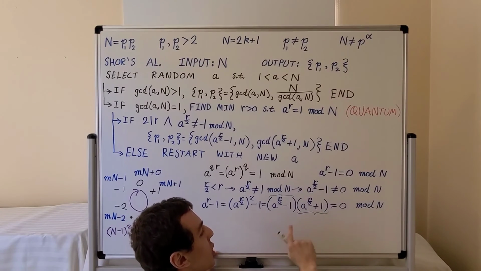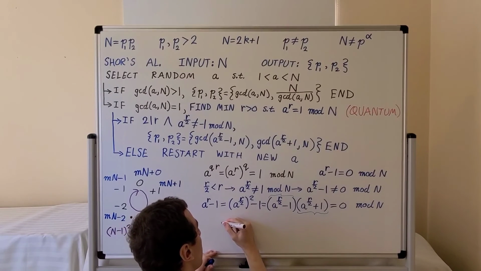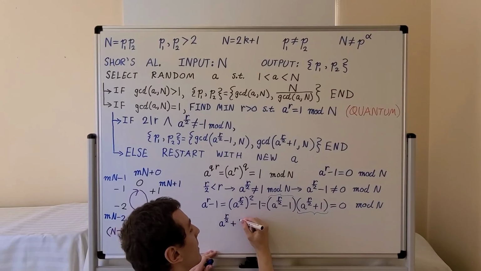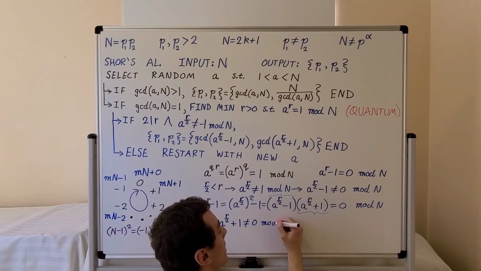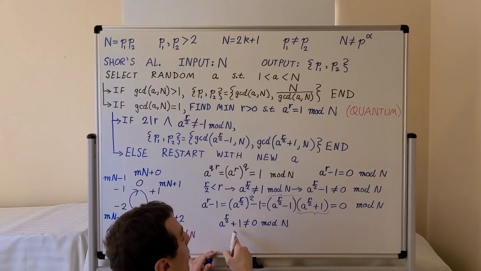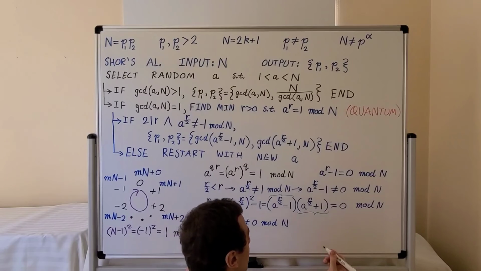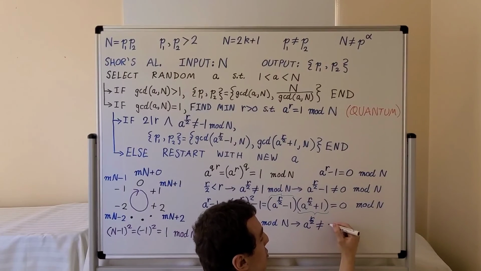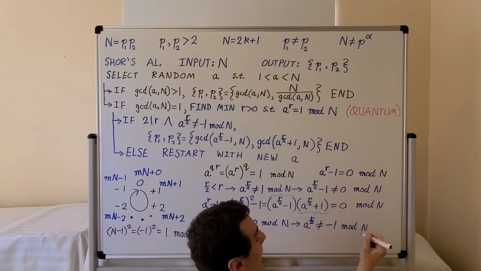We want it to be non-zero for the algorithm to successfully work. So we need a to the r/2 plus 1 to not equal 0 mod n. Now, if we move this 1 to the other side by subtracting 1, what is that going to do? Well, that's going to give us a to the r/2 is not equal to minus 1 mod n.